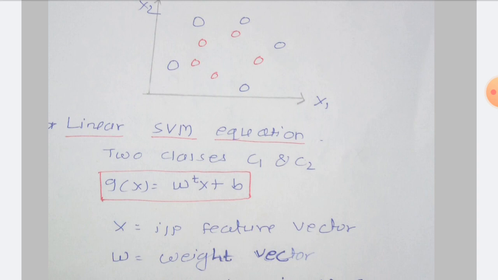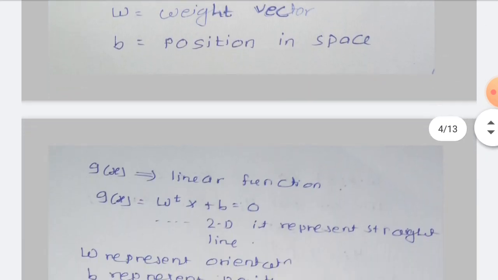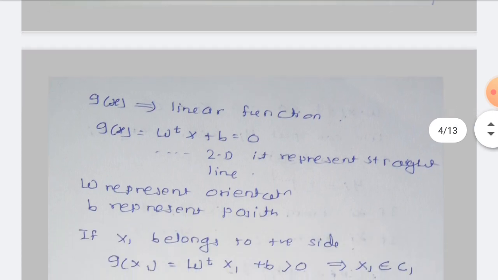It is equal to w^T x + b, where x is the input feature vector and w is the weight vector, and b is added to this w^T x. b actually defines the position in space. g(x) = w^T x + b = 0.